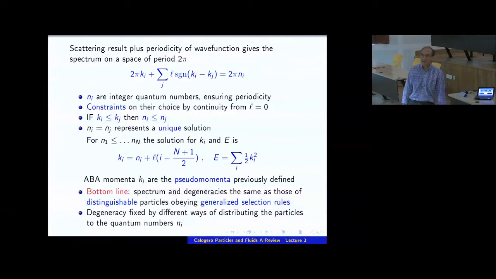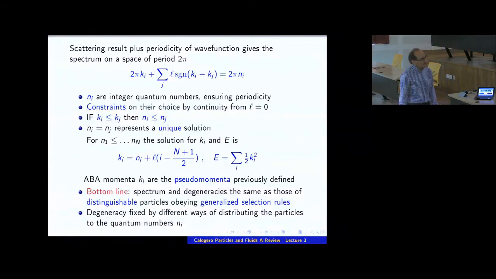So the bottom line is that the spectrum and the degeneracy of this system, the Calogero model with exchange interactions and distinguishable particles, is exactly the same as that for free particles. This n_i would be the quantum numbers or momenta of corresponding free particles, just shifted in energy.